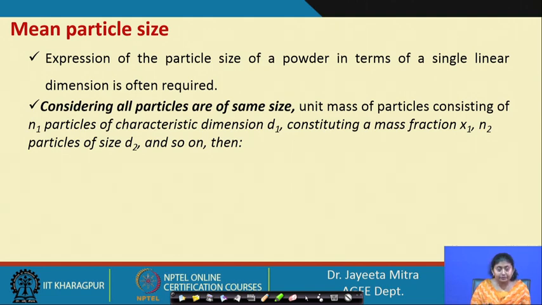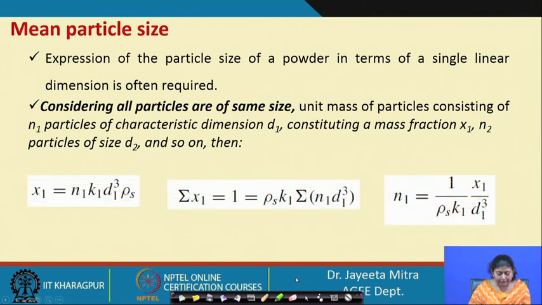We assume that each fraction is what has passed through, let us say, a particular sieve, that is, those having a lesser size than this particular opening of the screen. Similarly, a particular linear dimension has been fixed, d1, d2 etc., for each fraction x1, x2 etc., and the number of those particles is also defined as N1, N2 and so on.